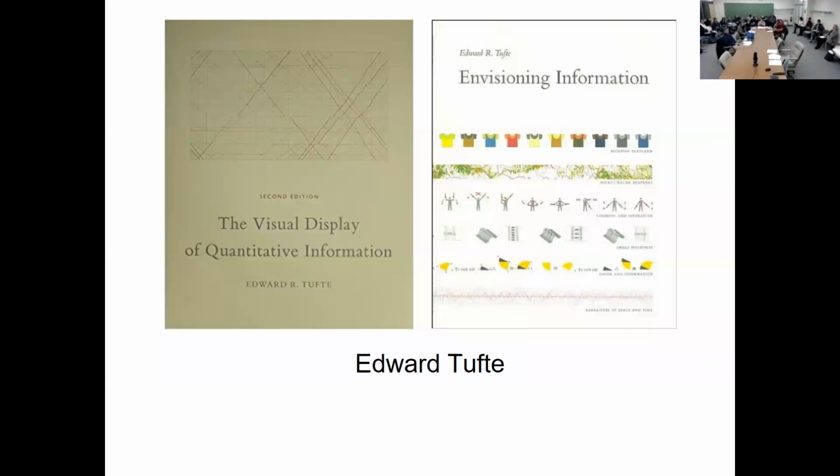The Visual Display of Quantitative Information is one of them. Envisioning Information is another. He's got three or four of them. He actually makes a living going around the country giving seminars on how to do this. I've always wanted to go to one, but I never have. They're wonderful books if you want to think about how to show data in the form of pictures in compelling and clear ways. They've really changed how I do this.